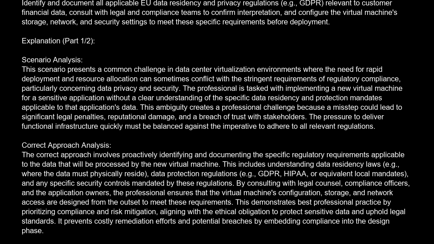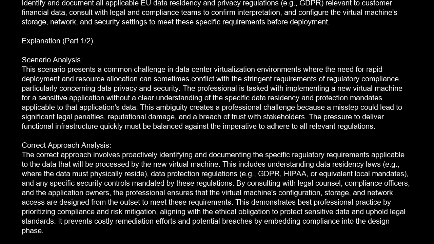The correct approach involves proactively identifying and documenting the specific regulatory requirements applicable to the data that will be processed by the new virtual machine. This includes understanding data residency laws, e.g., where the data must physically reside, data protection regulations, e.g., GDPR, HIPAA, or equivalent local mandates, and any specific security controls mandated by these regulations.